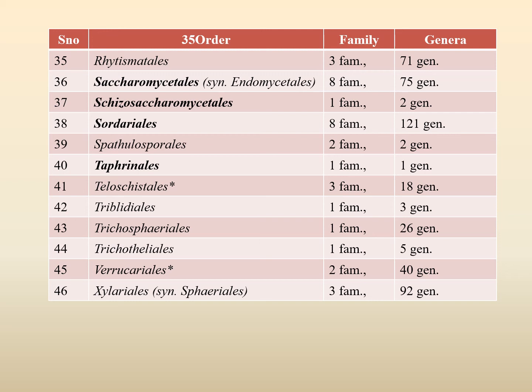But it is very difficult to remember all these 46 orders. What I will do is, in coming videos, I will cover Ainsworth classification and Hawksworth classification separately. In the 46 orders, some genera have important characters that we have to remember from the examination point of view.